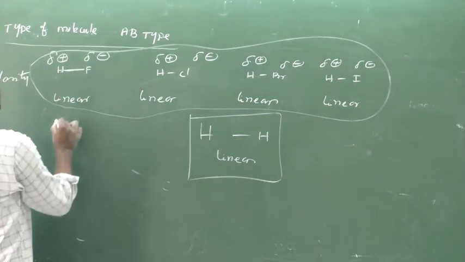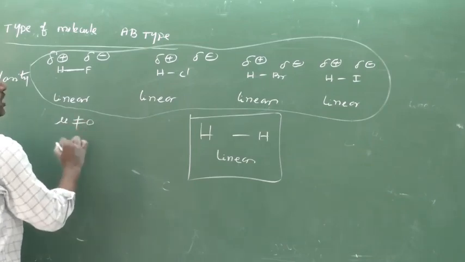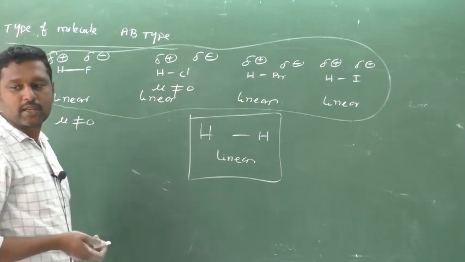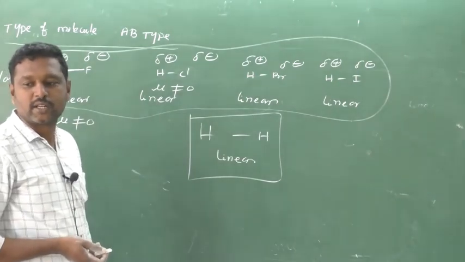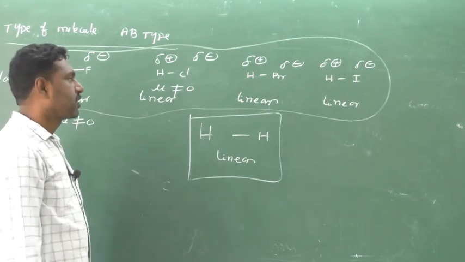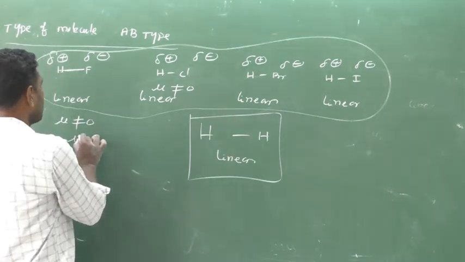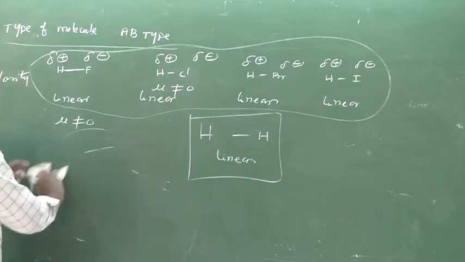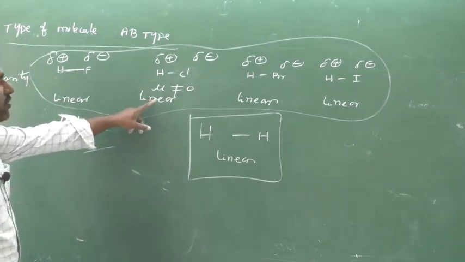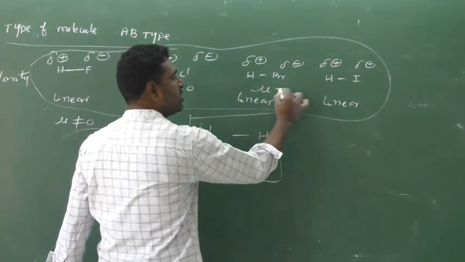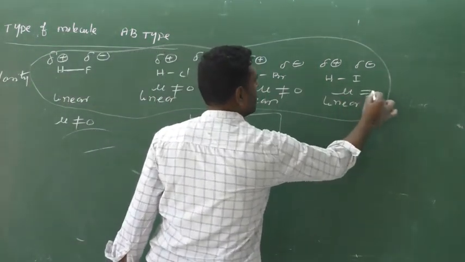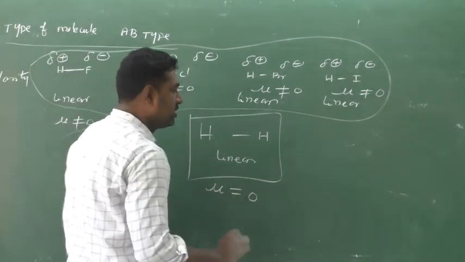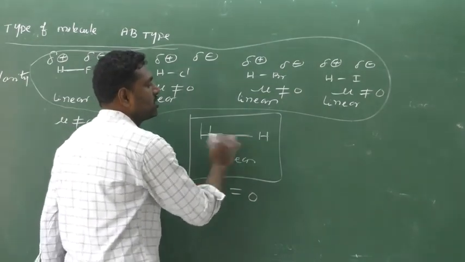Therefore these have mu not equal to 0. The mu values are something like 1.78, 1.07, 0.70, so they have a value. Therefore mu is not equal to 0 here, but for hydrogen mu equals 0 because there is no polarity.